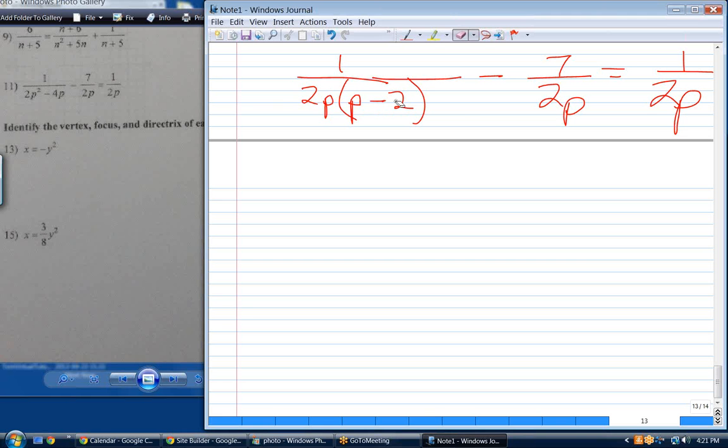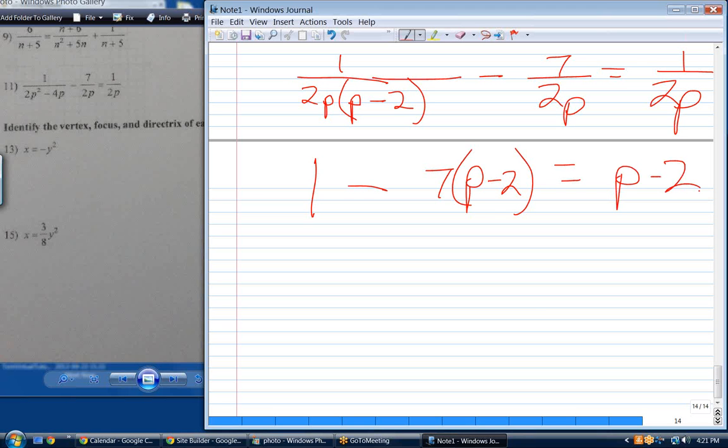So I'm going to multiply everything by this denominator. What's that leave me with instead of this fraction? 1. What's it leave me with here? 7, and then in parentheses, p minus 2. And over here on the right? p minus 2. Notice how much easier the equation is now to solve. In one step, we went from something that looks really complicated to something that looks really easy.